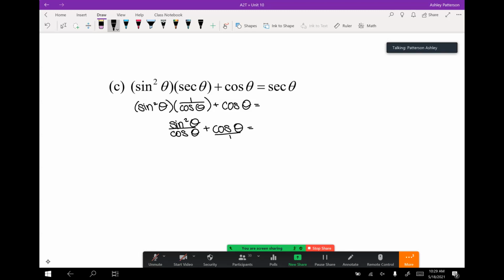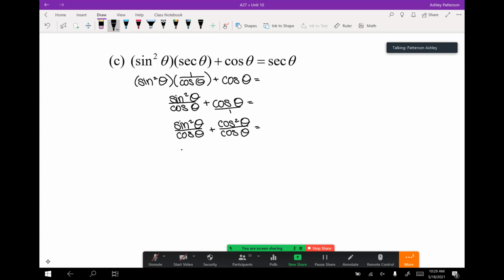So I'm going to multiply that second term by cosine theta over cosine theta, which leaves us with cosine squared theta over cosine theta. Now that we have common denominators, let's combine that numerator to be sine squared theta plus cosine squared theta all over cosine of theta.